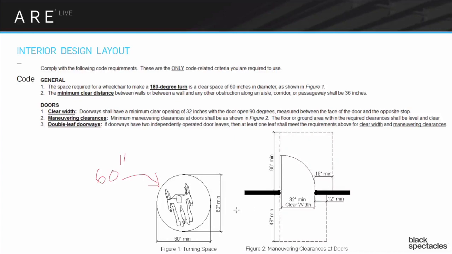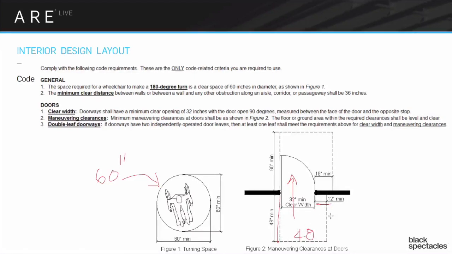But even more important than that one in my mind is the space around the doors. So this is on the push side of a door, so going through the door that way. I need to have a space that's 48 inches this way and then 12 inches past the handle's edge of the door. So that's going to be a 36-inch door plus the 12-inch. That's going to be another 48 inches over that way.